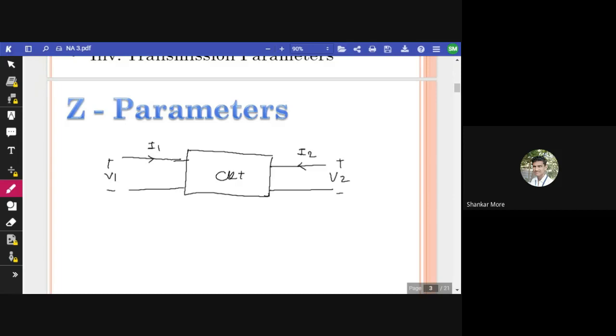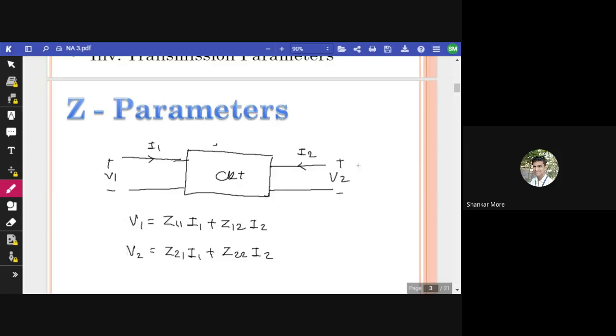Okay, so if we have to write the formula for Z parameters, it can be written as V1 equals Z11 I1 plus Z12 I2, and V2 will be equal to Z21 I1 plus Z22 I2. Okay, so see, in Z parameters, the left hand side of the equation will be V1, V2.